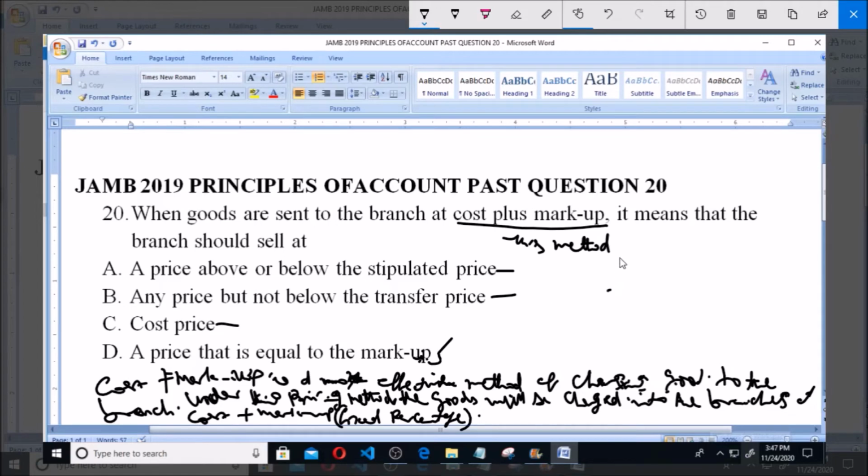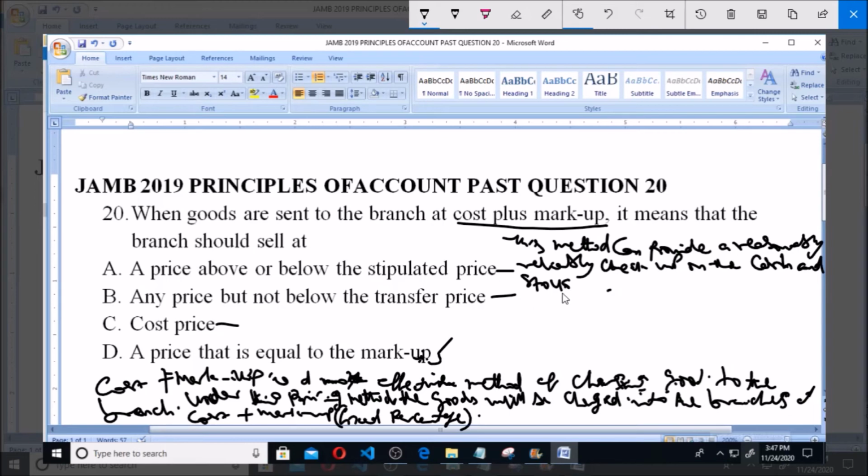This method can provide a reasonably reliable check upon the cash and stock at the branch.